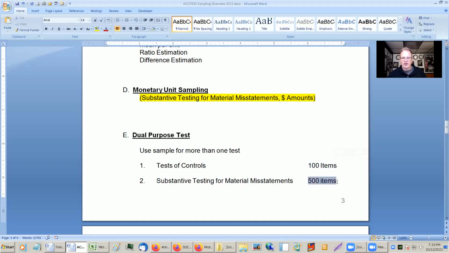So you'd only have to pick 400 for the substantive testing to make the 500 total. So these 100 could be used for dual purpose testing.